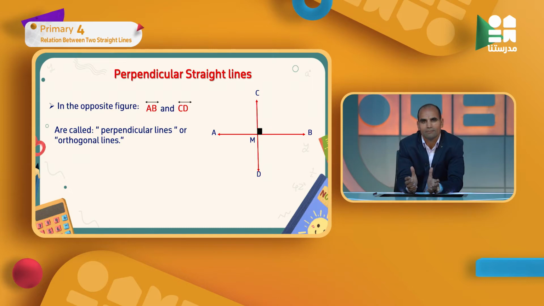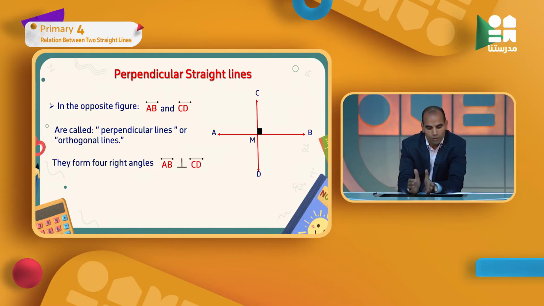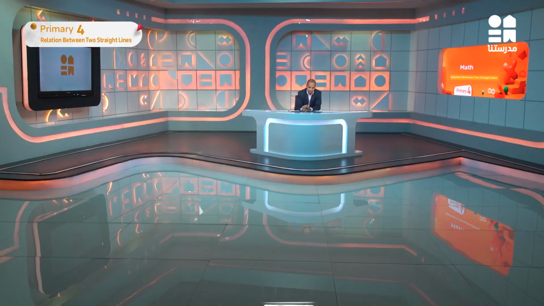The same meaning. It means the two straight lines here make four right angles. Four angles, of course, but right angles, as you can see. So they form four right angles, and we can write: the straight line AB is perpendicular to the straight line CD. Okay?